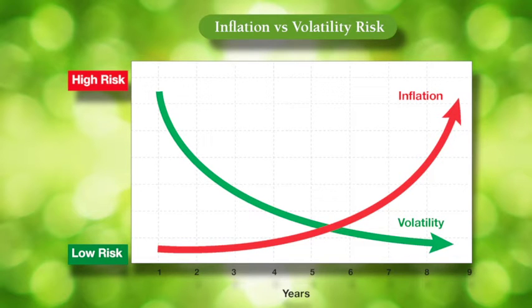We spent a lot of time in the first half of the program highlighting the concerns around that. Over time, inflation is an investor's biggest risk and the biggest area of focus. Volatility, while in the shorter term it does raise concern and it's an issue, over time it tends to ease off. Therefore, while investing in equities you do face short-term volatility, over the long term it addresses the issue of inflation.